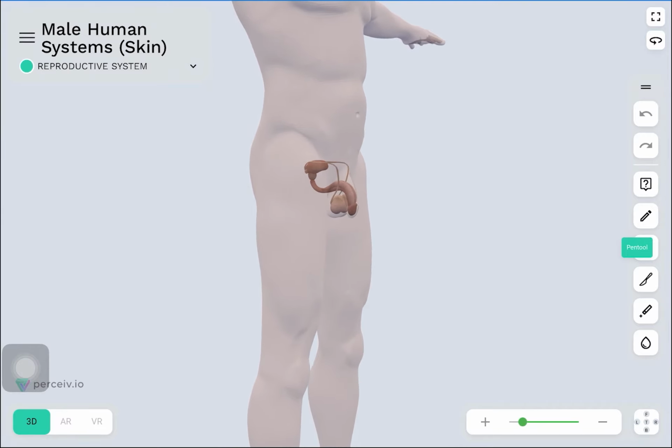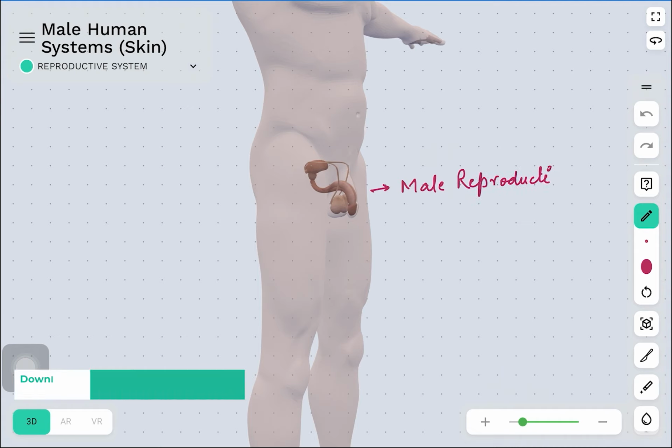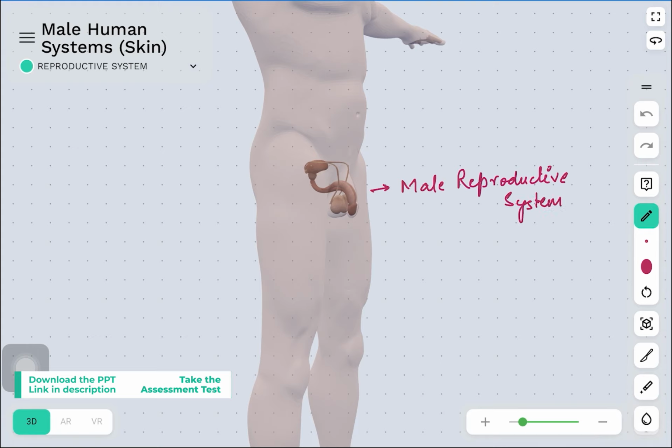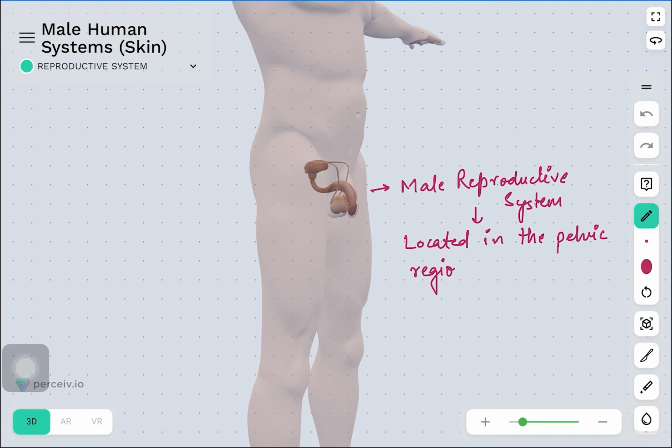As you can see, the location of the male reproductive system is outside the abdominal cavity, and that too in the pelvic region. So this is their location.